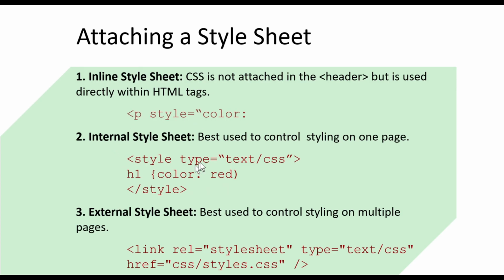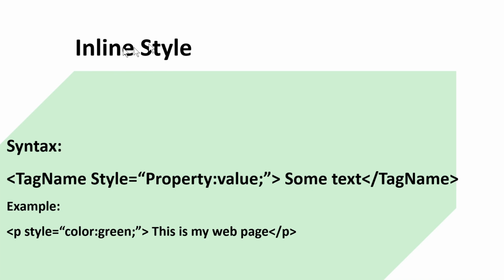The other one we see is external style sheet, where you make HTML as a file and CSS as a file, and then you combine them. It is best to use it to control styling on multiple pages.